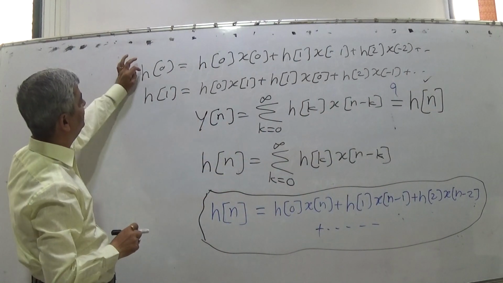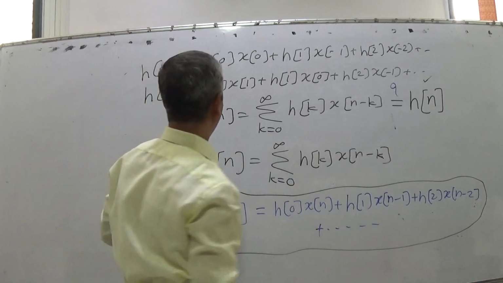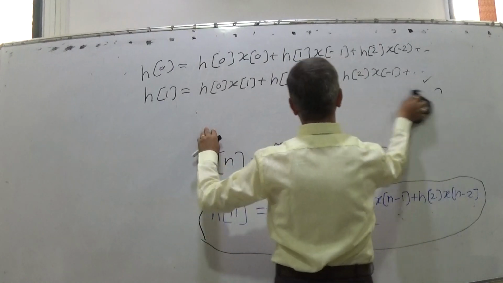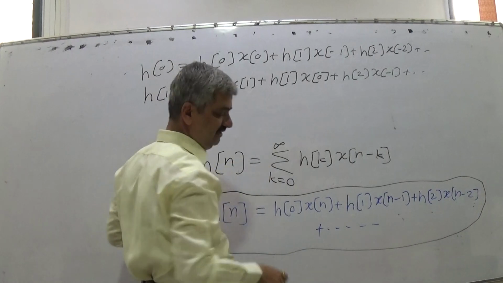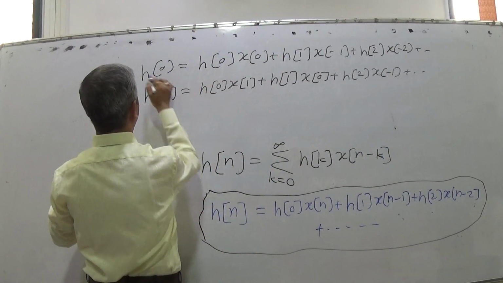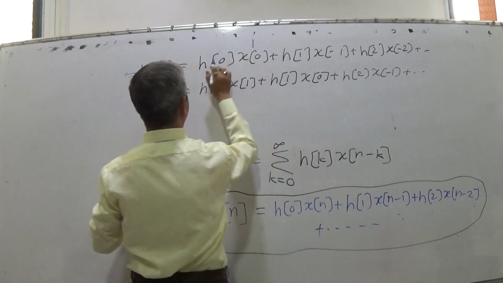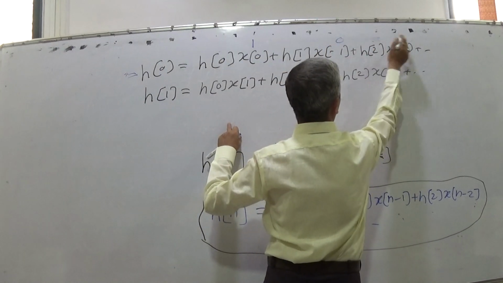So h0 should be this, means what should be in this case? Fortunately, all previous x, for which the index is less than 0, I take as 0. So h0 would be, if x0 must be 1, then h0. This is 0, this is 0, this is 0, no problem.